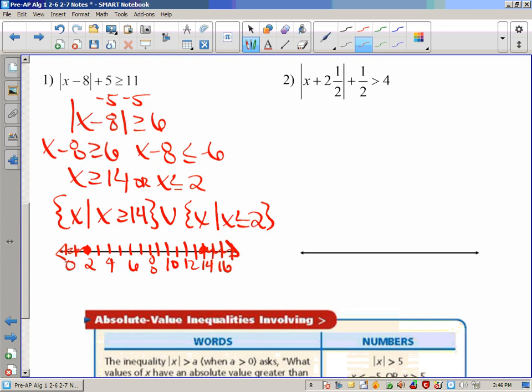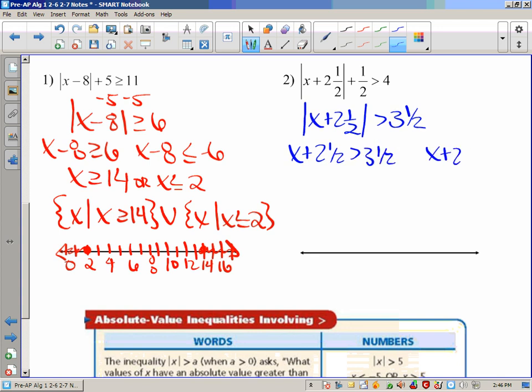Okay. Now let's take a look at number 2. Start by subtracting 1/2. That'll give me 3 1/2. Split this up. Subtract 2.5 from both sides, I'll get 1.